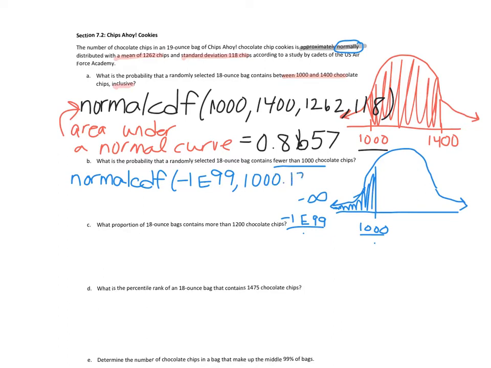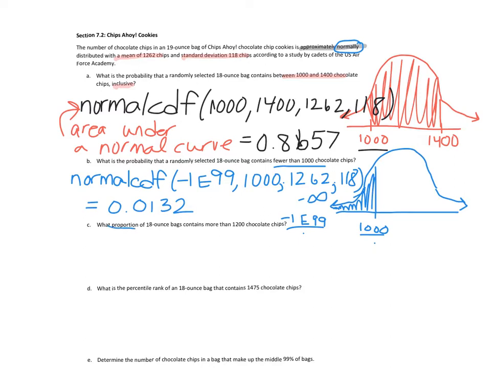And then mean, standard deviation, and those are commas. All right, so put that into your calculator, and we get 0.0132.